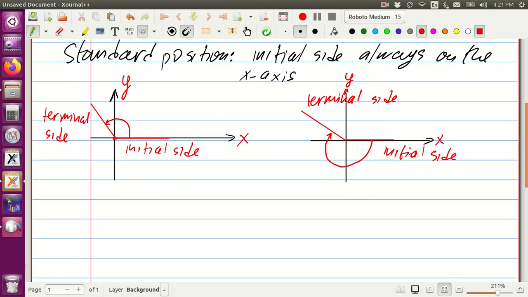All right, so let's try to identify this rotation. This rotation is counterclockwise.